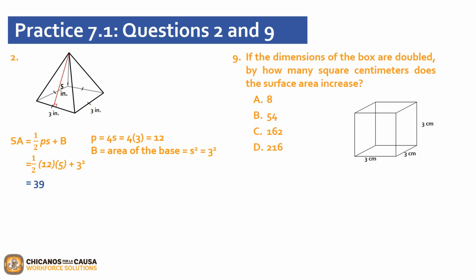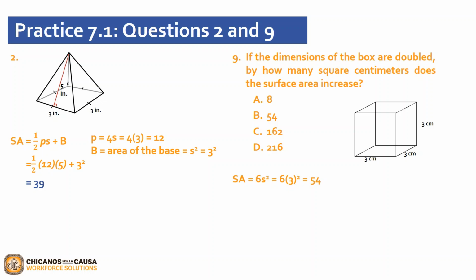If the dimensions of the box are doubled, by how many square centimeters does the surface area increase? So here we have a box, a cube, a square prism or a cube. So in order to find the surface area of a cube, remember, this goes back to what I told you earlier in the beginning, that when all the sides are the same, you just have to multiply 6 times the side squared because all the sides are the same.